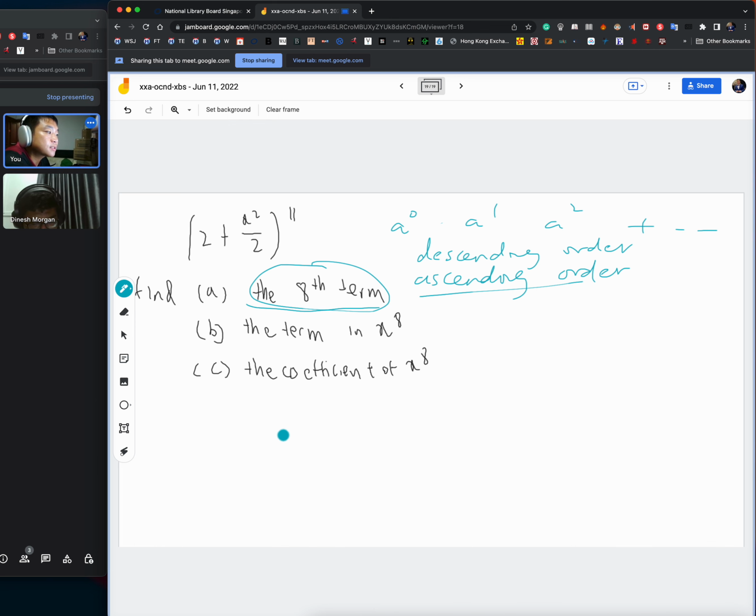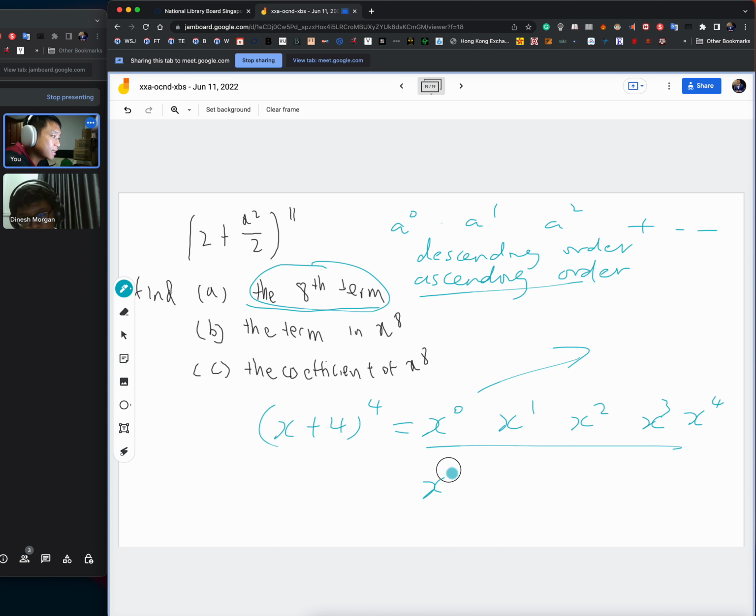Let's say x to the power of 0, 1, 2, 3, 4 is ascending. Descending is x to the power of 4, 3, 2, 1, 0. If I ask you for the fifth term, this is the fifth term in ascending order, and this is the fifth term in descending order. So it really depends what the default is.